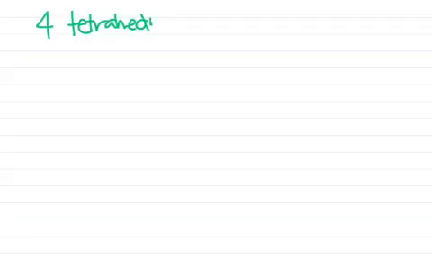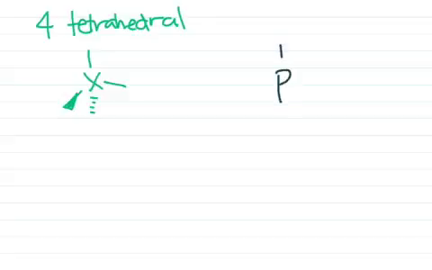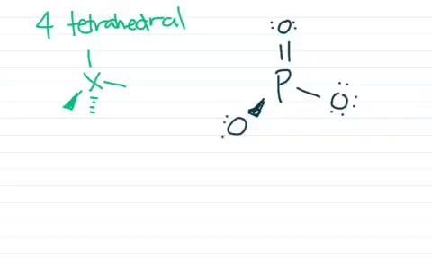And a tetrahedral does have a 3D shape, which looks like this, where it has 2 single lines, 1 wedge, and 1 broken wedge. So let's draw our phosphate. I'm going to put our first oxygen, the double bond, on top, then our other oxygens on the bottom, giving us this classic tetrahedral shape.